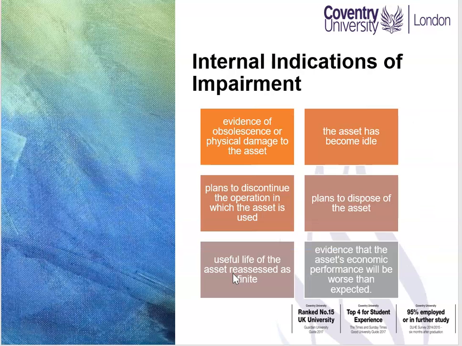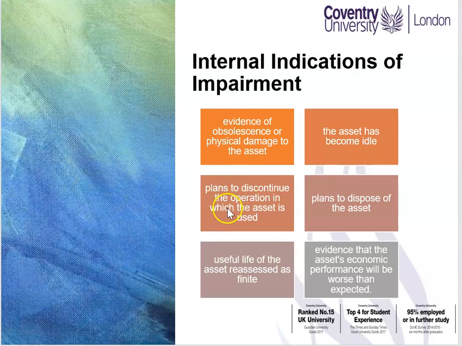From an internal perspective, the internal indicators would be evidence of obsolescence or physical damage to the asset. So if the asset is damaged, then that is indicative of a possible impairment loss, and it will trigger impairment review. The asset has become idle. So if it is idle, it is no longer generating income, and therefore the value in use is likely to drop significantly.